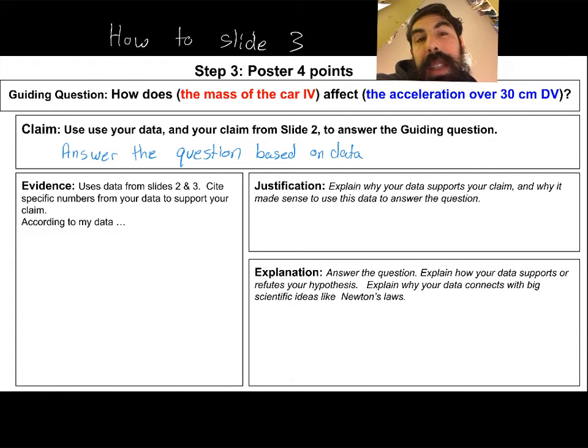So in this week's experiment, you kept the force the same. So my data shows that when I increased the mass, this is what happened to the acceleration when I kept the force the same. Make sure you refer back to the whole conditions for your experiment.